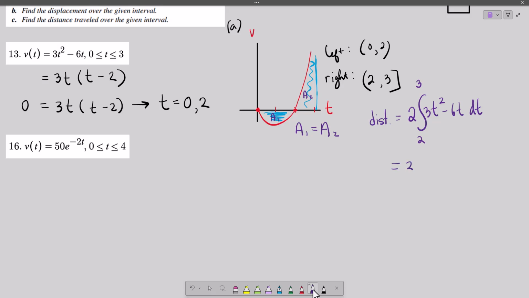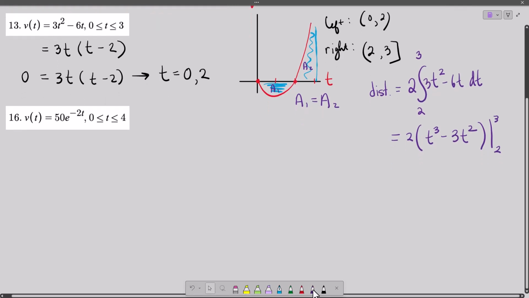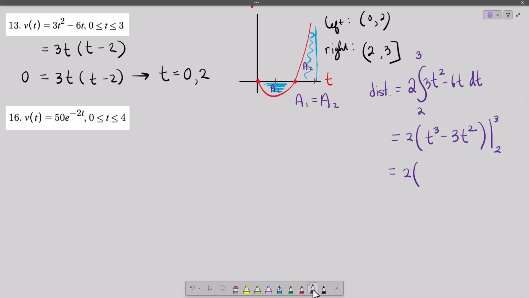So then we just have to integrate this again. We're going to get t cubed minus 3t squared. This time it's from 2 to 3. When we plug in 3, we get 27 minus 27, which is 0. So we plug in the upper limit and get 0. And then we subtract off whatever we get from the lower limit of integration substituted in.